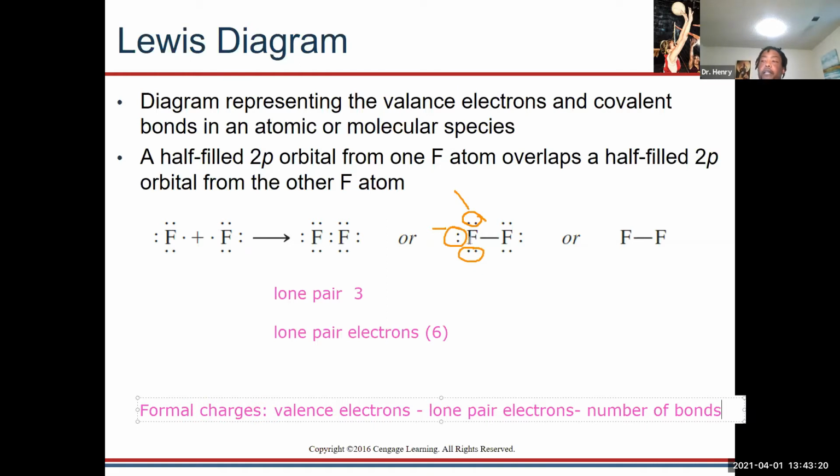Okay, and I should tell you this. The goal is to make sure that your formal charge equals 0 if you can get it to, or as close to 0 as possible.